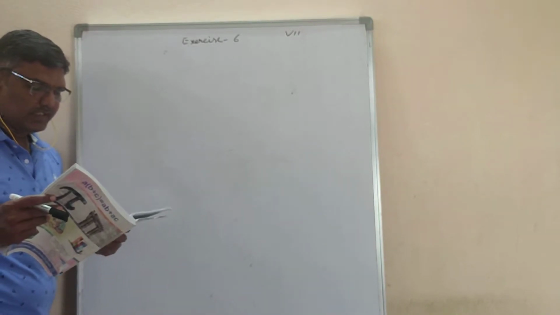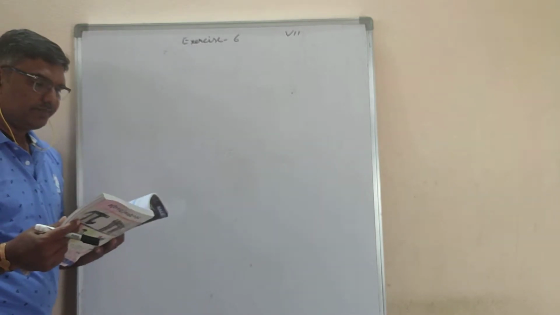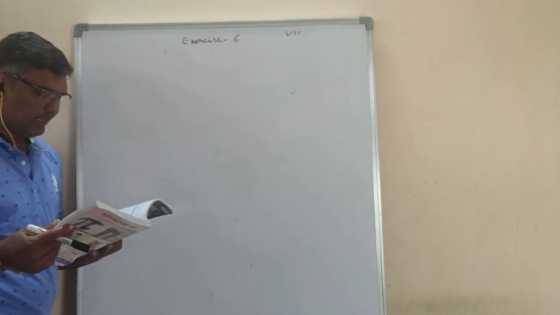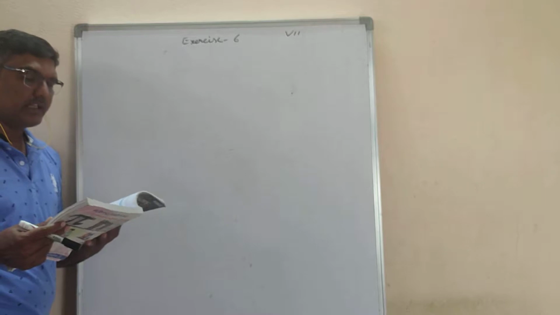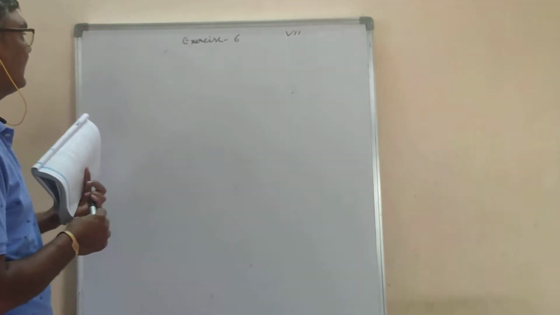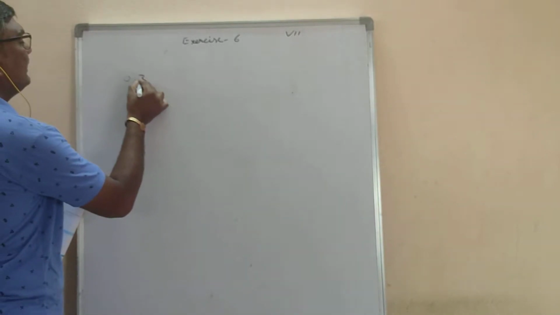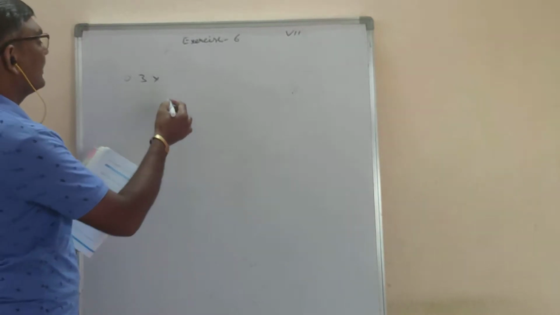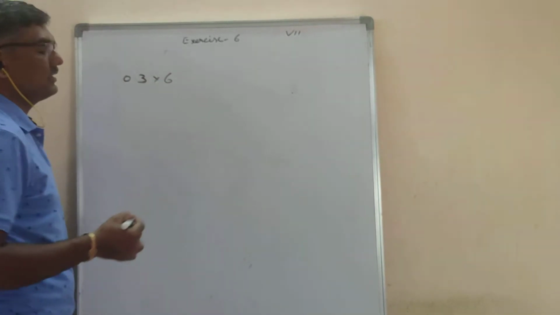Today we will discuss exercise number 6 for 7th class students. This is nothing but how to multiply decimals with rational numbers. So, example 1: 0.3 into 6.